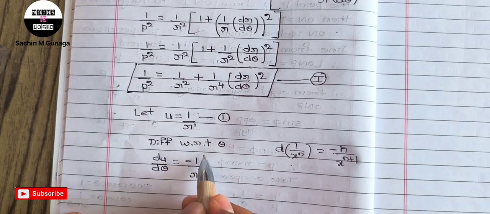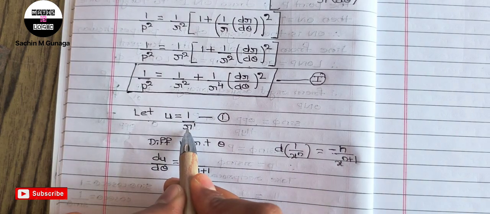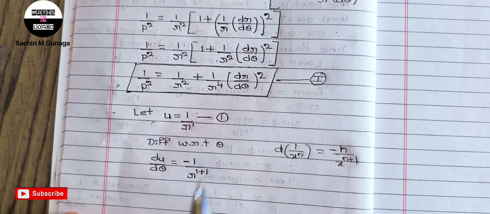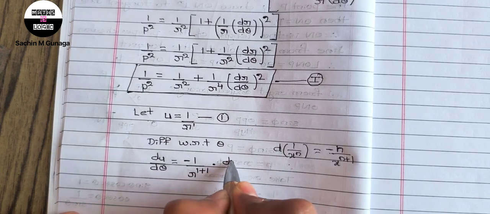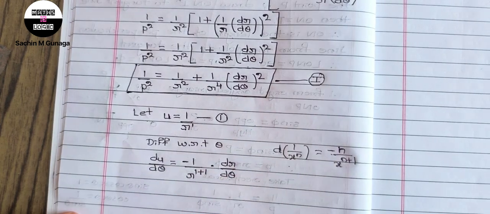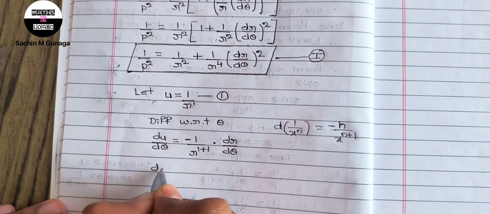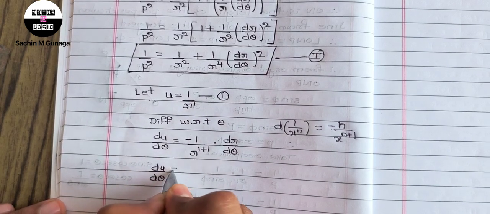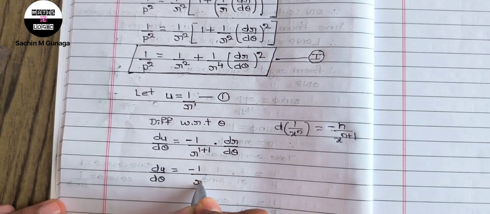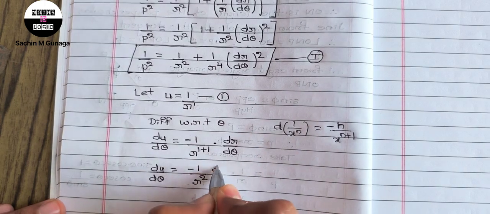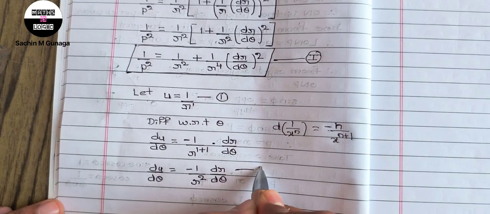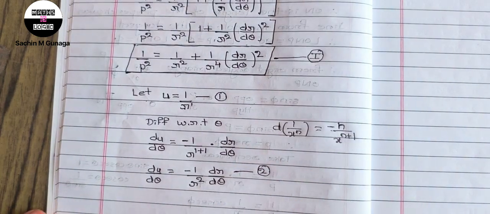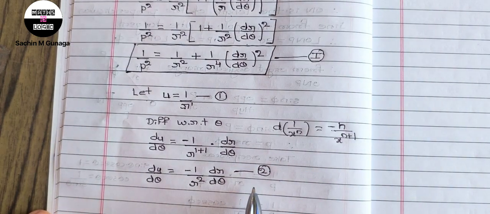This is the first function differentiation, into, next here theta is nothing but r, therefore r we need to differentiate with respect to theta, which becomes dr divided by d theta. Therefore du divided by d theta is equals to minus 1 divided by r square into dr divided by d theta. This I am going to call as 2.